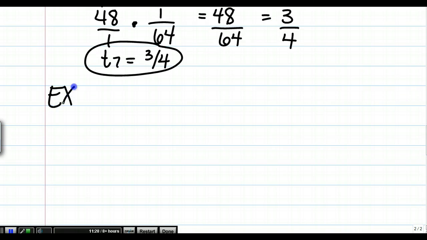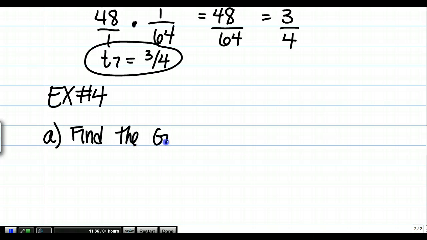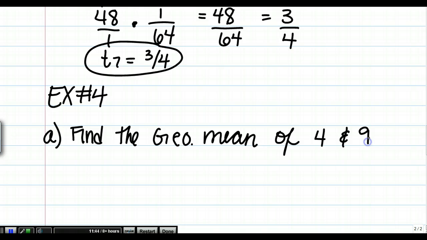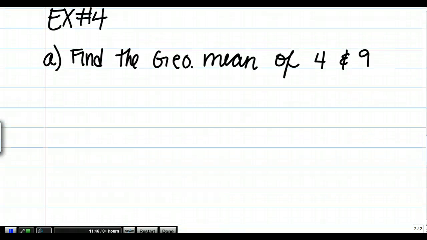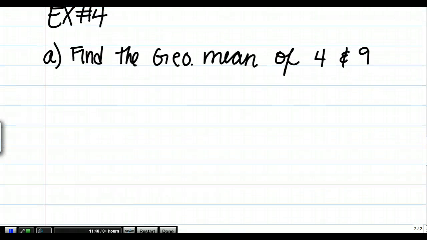Example number 4 is going to ask you first to find the geometric mean, instead of the arithmetic mean, of 4 and 9. In order to find a geometric mean, you will have this formula. Whatever your two numbers are, you multiply them together and square root it.